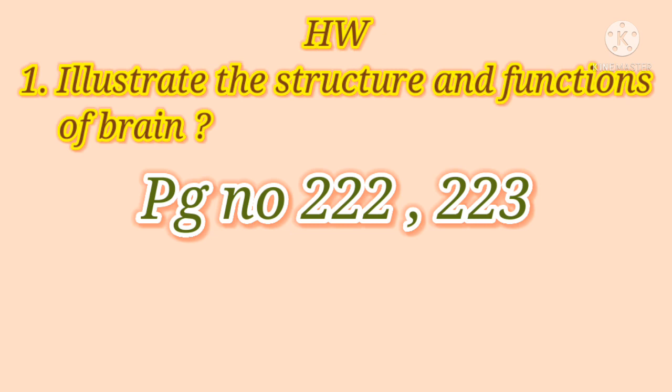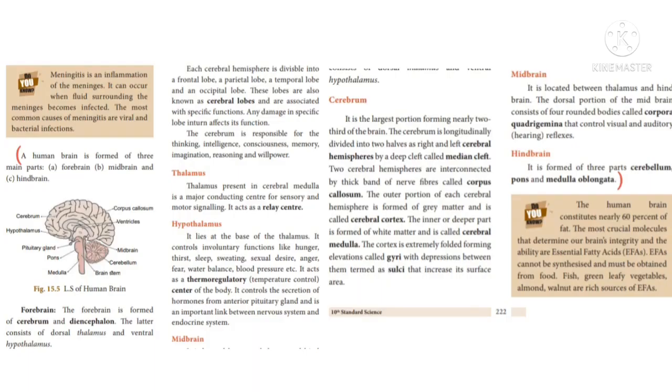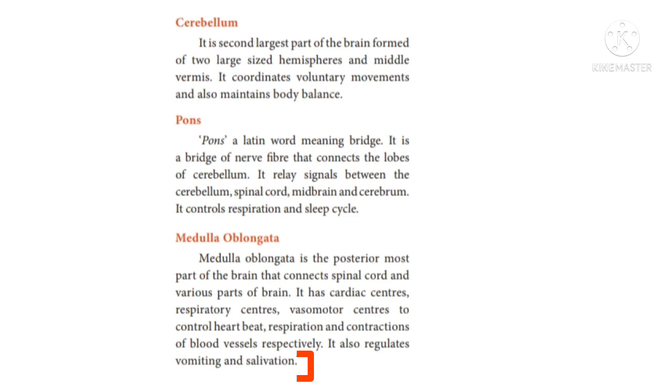Answer: page number 222. Human brain is formed of three main parts. Starting from that, up to medulla oblongata. Page number 223: medulla oblongata till salivation. That's all for today's portion, children.